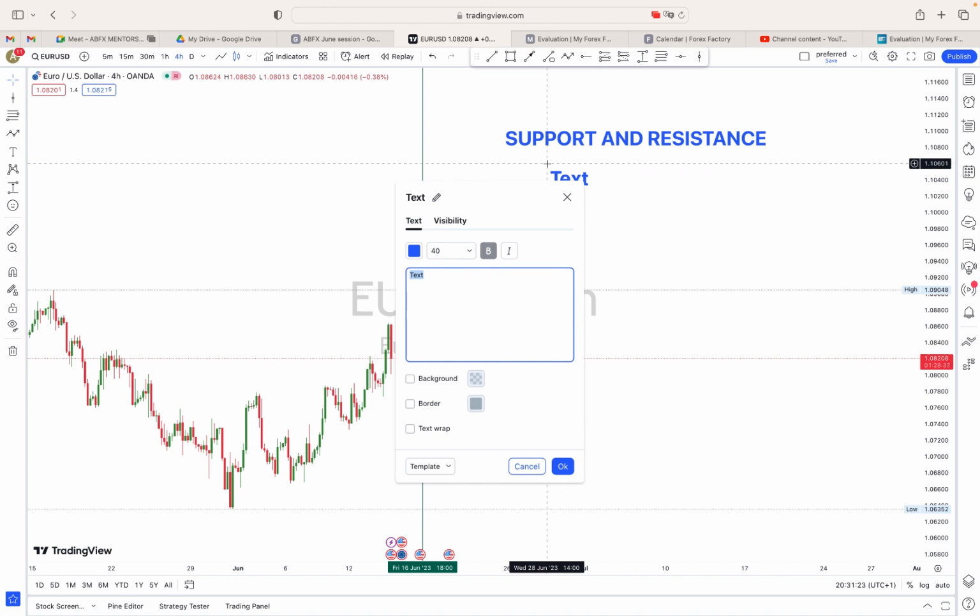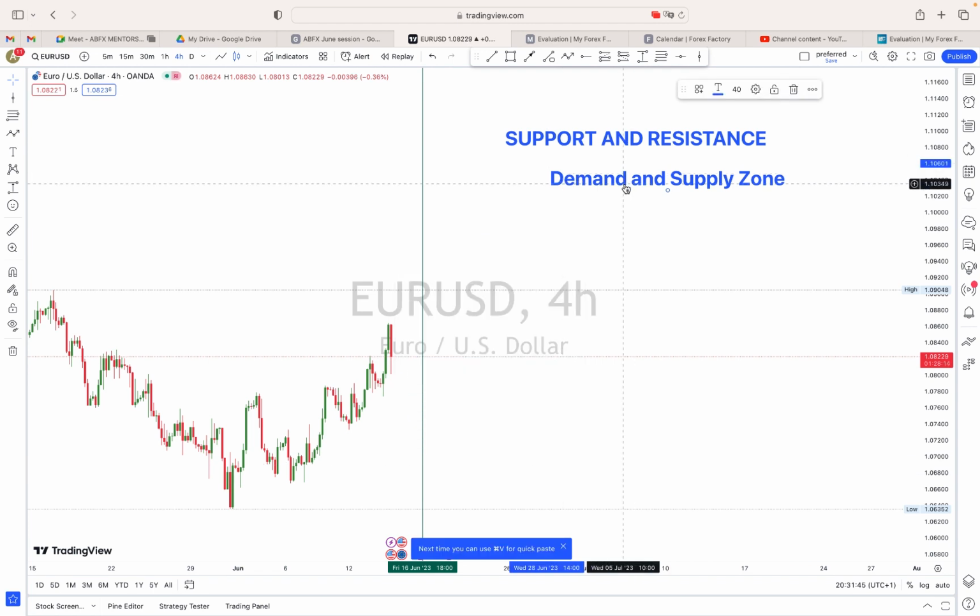The market will move to a particular level and come back to a particular level as well, to try to stay in balance. Some people call them demand and supply zones. If you hear this, it's the same thing.